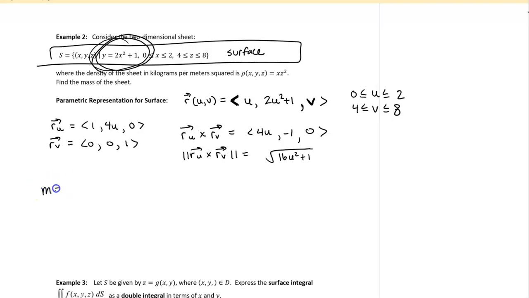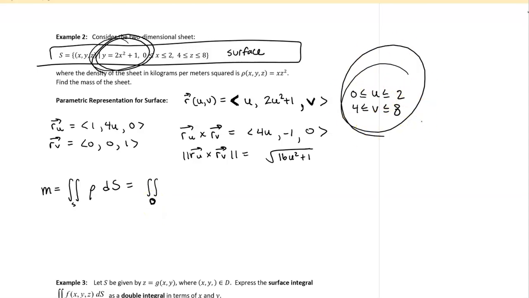So we can calculate our mass by doing the surface integral over our surface S of rho dS, which we can turn into our double integral over our parametric region D. It's right there, folks. And then what is our rho? That is xz squared.